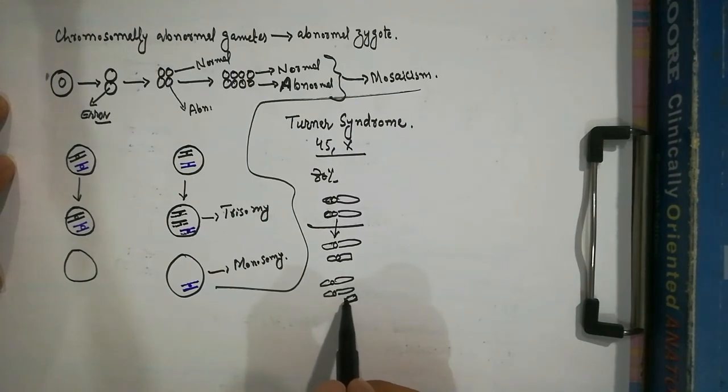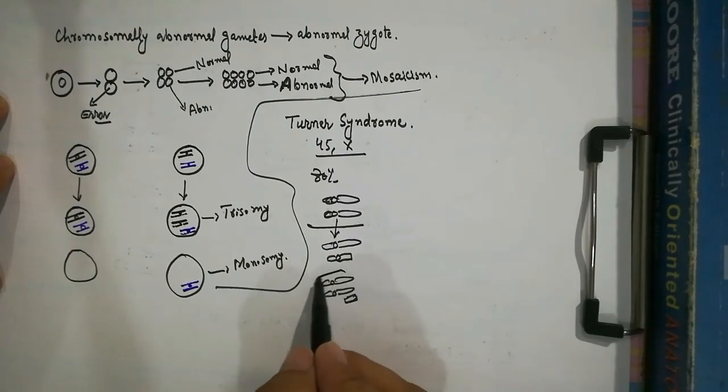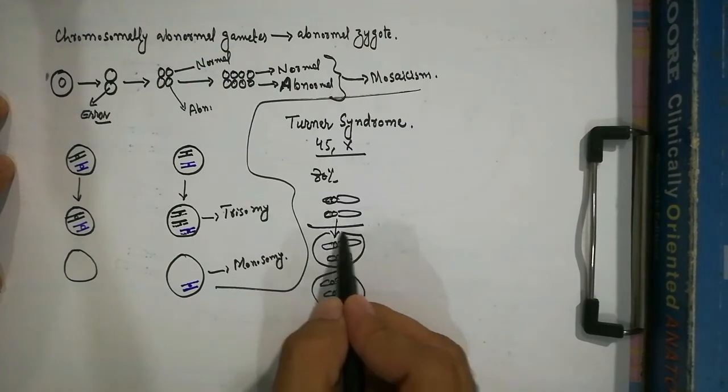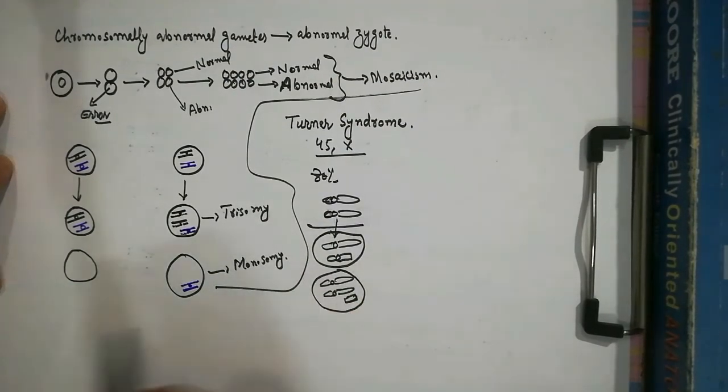But here a part of a chromosome is present along the side of a homologous pair; this is called partial trisomy, and this is partial monosomy.